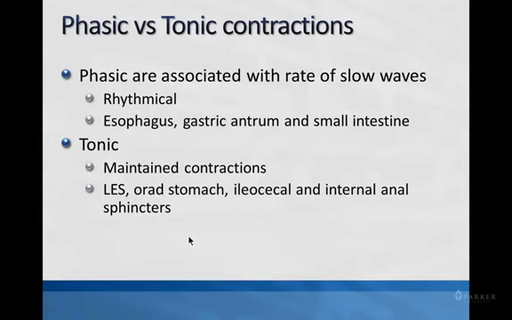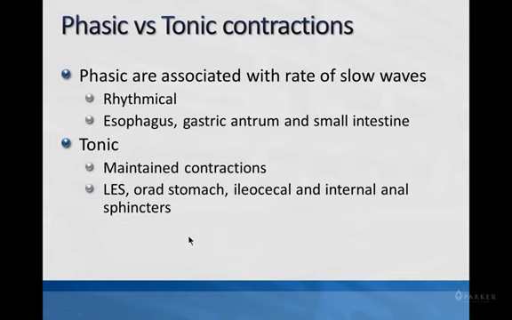The reason is the latch state mechanism. If you review the latch state mechanism, that is why you can maintain force without a lot of energy, which is important because in certain places in the GI tract you want to maintain steady contraction without using a lot of energy.